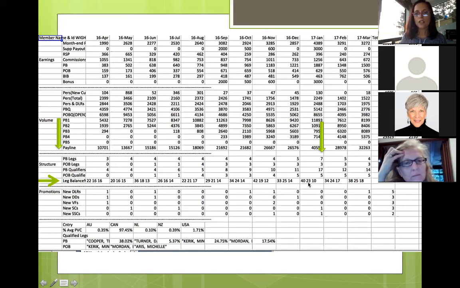So no more than 40% of her business is really coming over the 12 months on average from one leg. I think most people can build 3 really strong legs. Does that make sense?